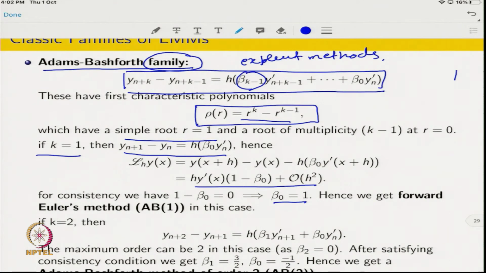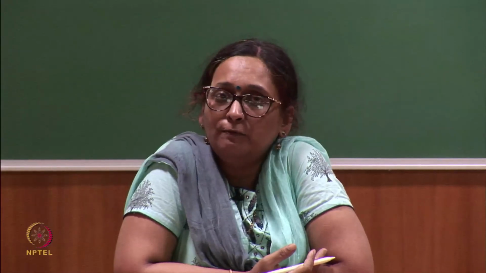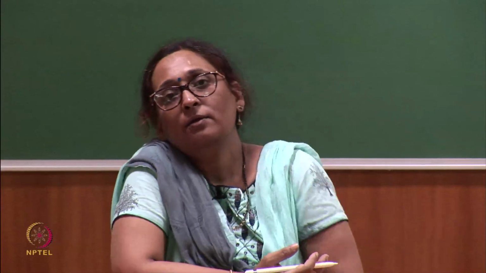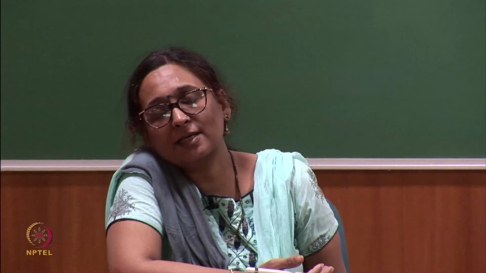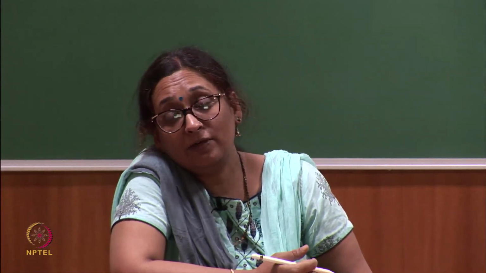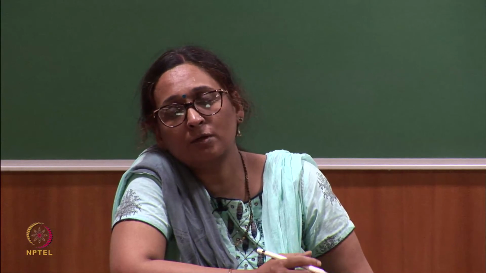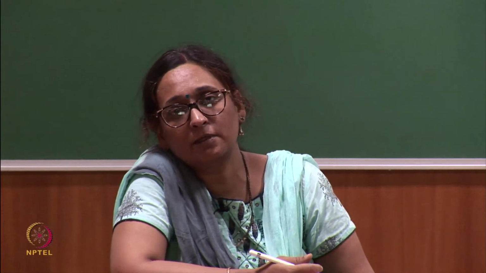So, we get the forward Euler method, which from the construction itself we can say is consistent and zero stable. So, if you have proved these two things, you can say it is convergent also. Though in the first lecture of this part of the course we already proved separately how you can prove the convergence of the Euler method without going into the concepts of consistency and zero stability.